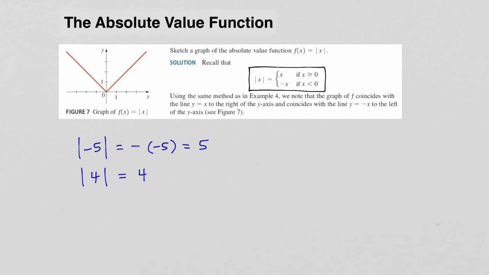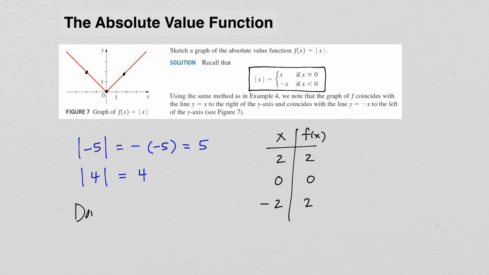Well, if you make a table of values for the absolute value function, anytime you plug in a positive number, it's going to stay the same. Of course, the absolute value of 0 is 0, and anytime you plug in a negative number, you're going to take the opposite of that negative number. And if you look at those numbers on the graph here, you can see that you get this sort of V-shaped graph.